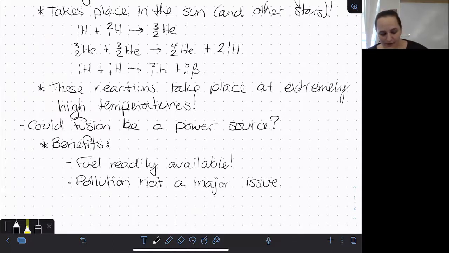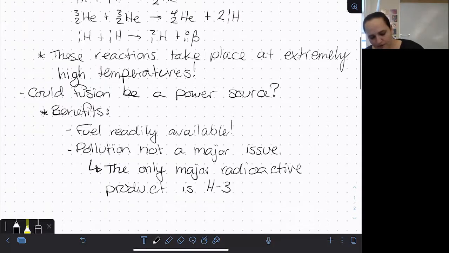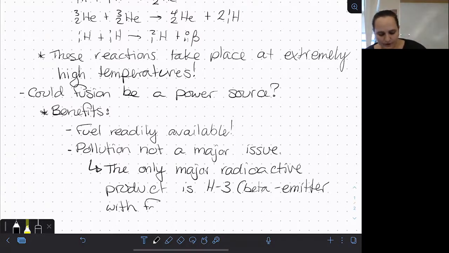But with fusion, the only major radioactive byproduct is hydrogen-3, also known as tritium, which is a beta emitter, so not super dangerous, like not great, but not super dangerous, with a fairly short half-life of only around 12 years.